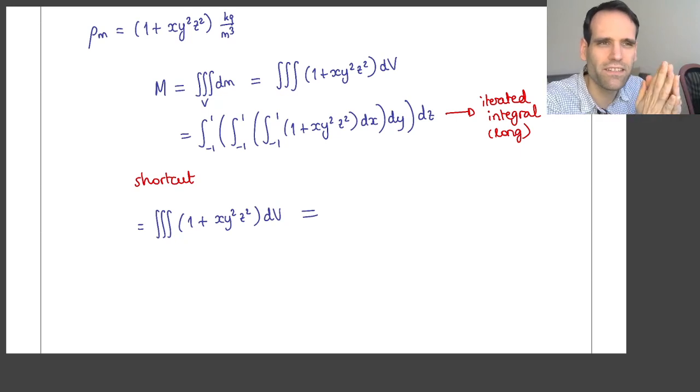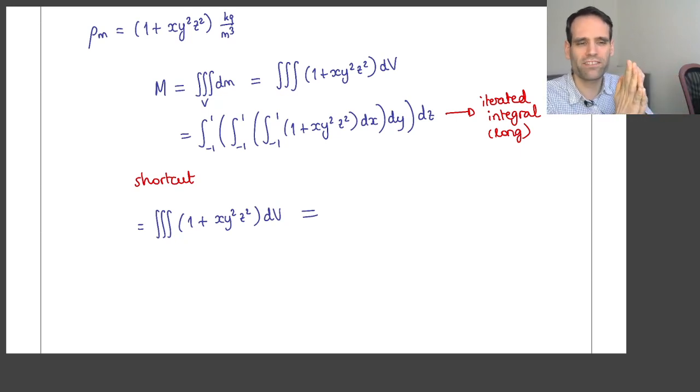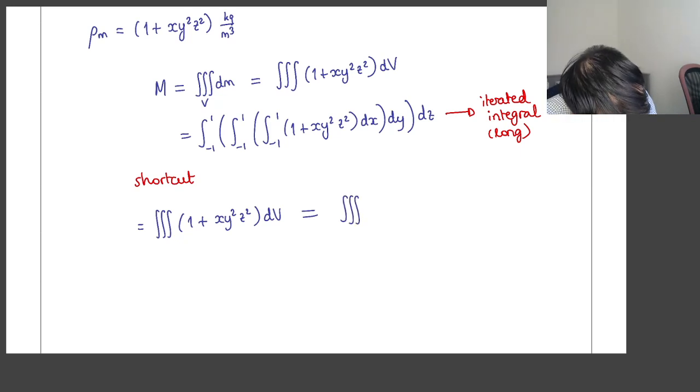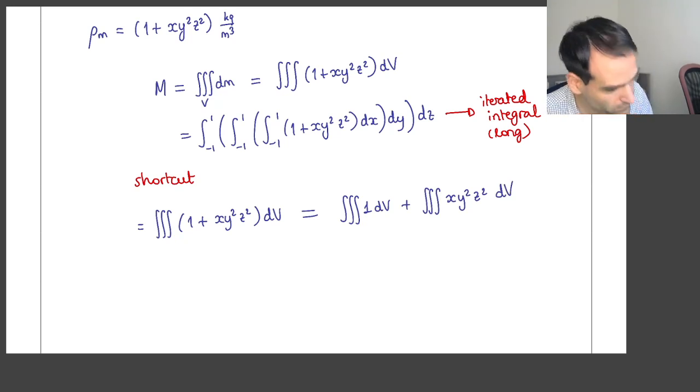Integrals, the same as one-dimensional integrals, multiple integrals are linear. So if we have a sum inside of the parentheses, we can write this as a sum of integrals. So this is the integral of 1 dv plus the triple integral of x, y squared, z squared dv.